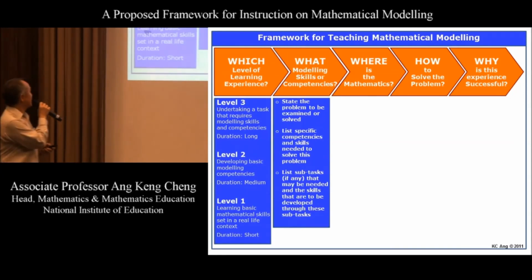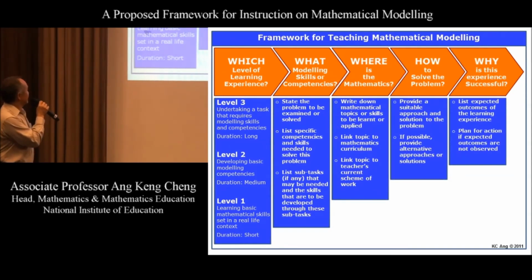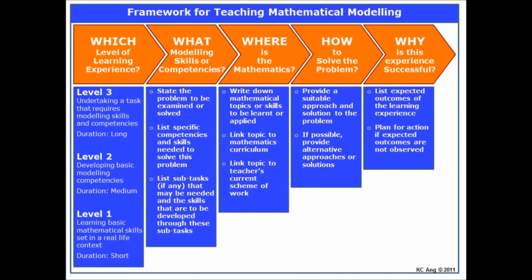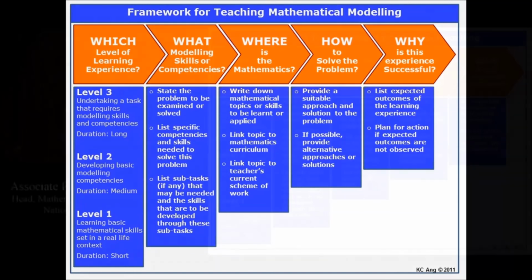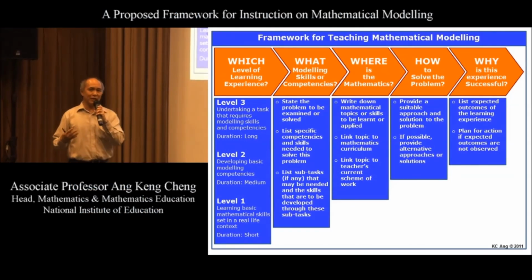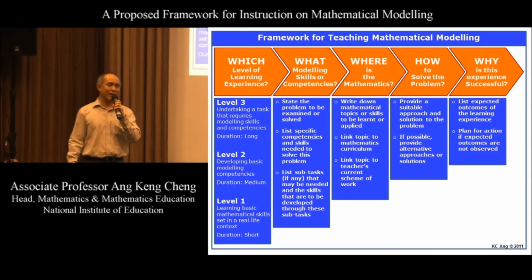So some of these questions I put up there are a way to guide the teacher in designing a task or an activity. Alright, so for which level of learning experience, you might look at level 1, level 2, level 3, level 1 being very basic and probably a shorter activity, level 2 probably a medium duration of activity, and level 3 probably something that is more of a full-blown modeling task.